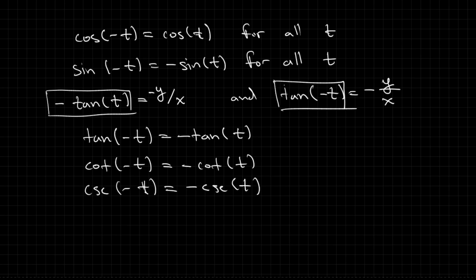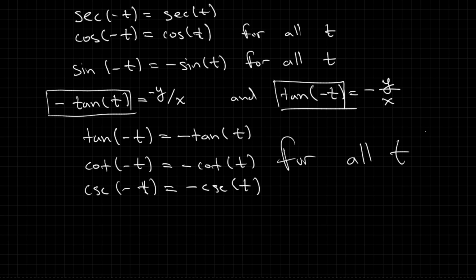And secant of t behaves the same way that cosine does. So I think I'll put it up here. Secant of minus t is the same, not as negative secant, but just secant of t. And all these statements are true for all t. So you could put "for all t" after all of these statements.